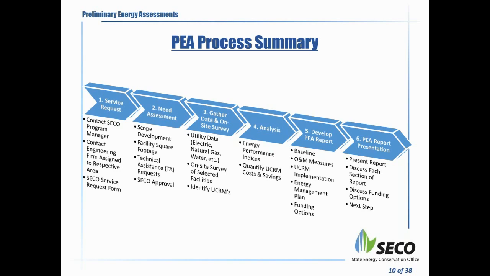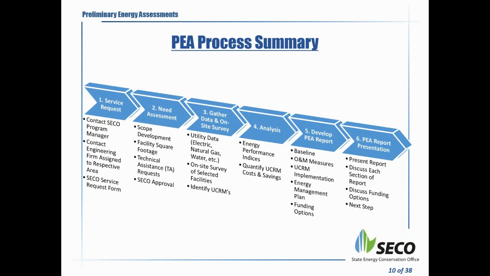Do you want us to look at that and give you feedback, so on and so forth? And in the report development phase, you will see there's some discussion, actually identification of funding options, how you can fund these projects.